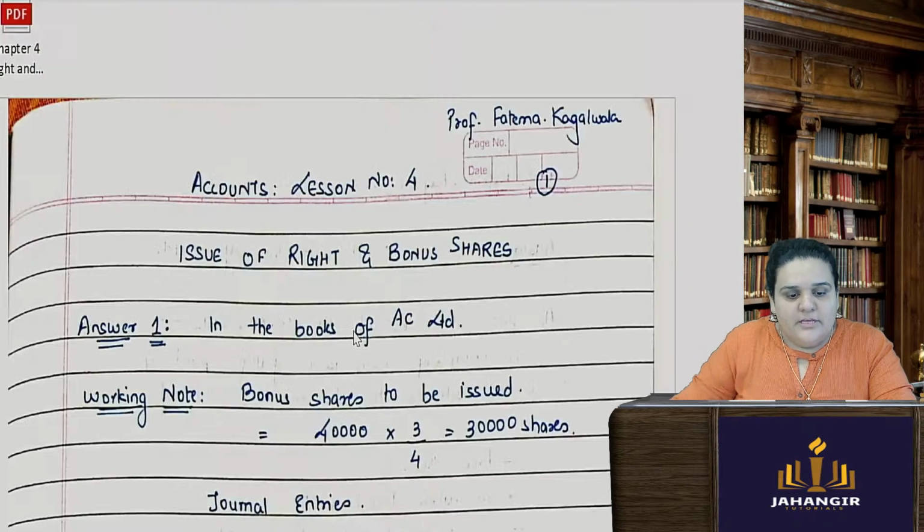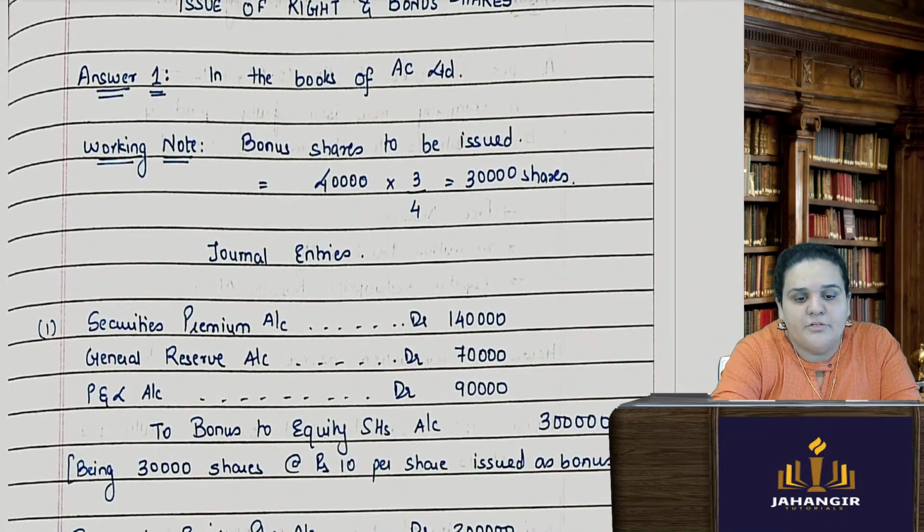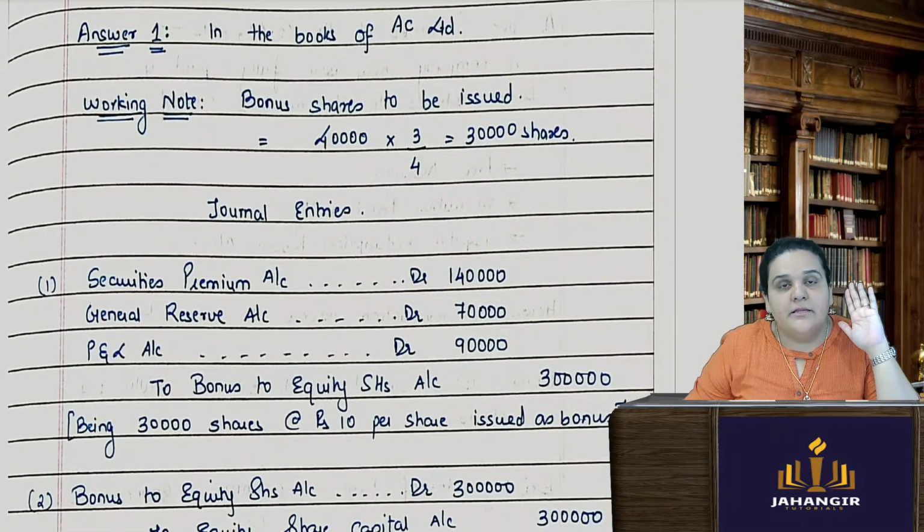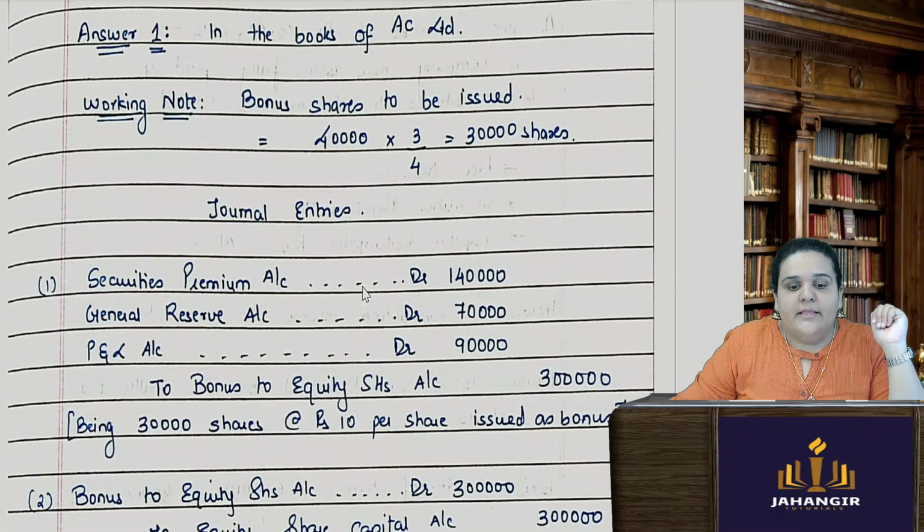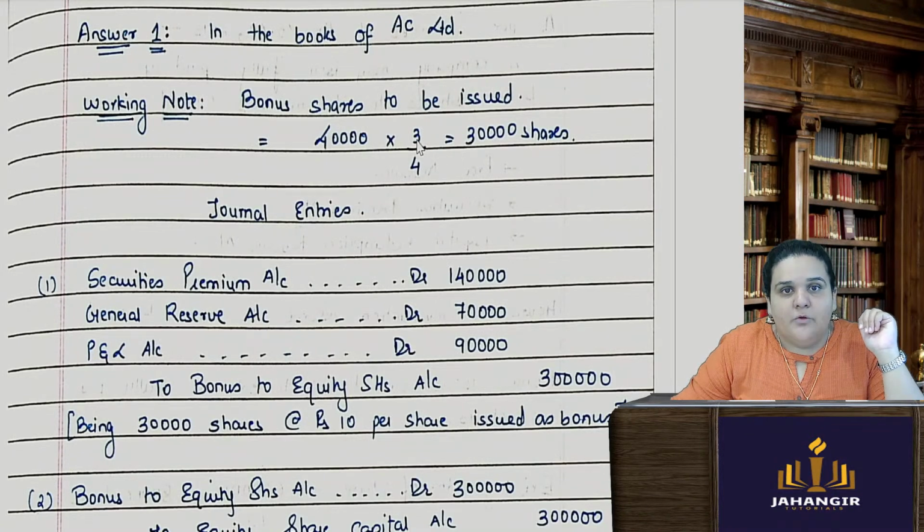So, in the books of AC Limited, first I need to find the ratio of the bonus. They are saying that if you have 4 shares, 3 shares will be issued to you as bonus. So the number of shares held to the number of shares given as bonus: if you have 4 shares, I'll give you a bonus of 3 shares.